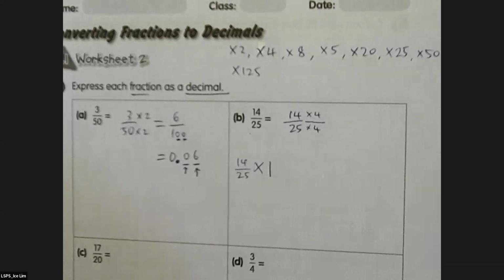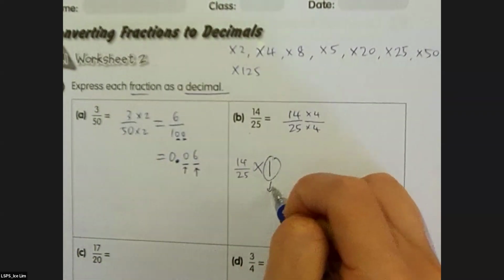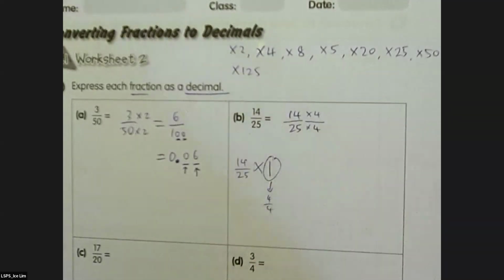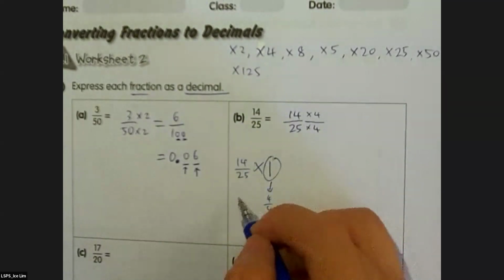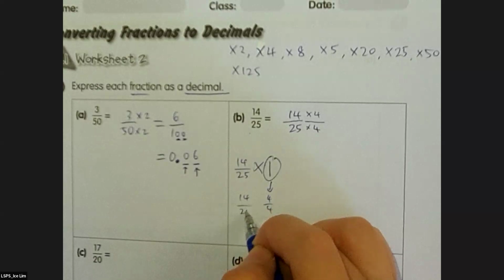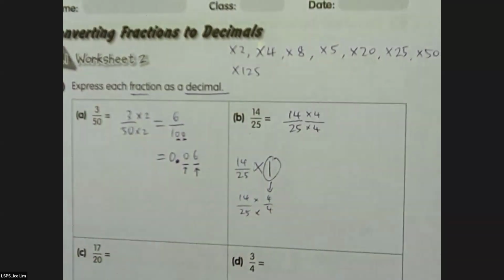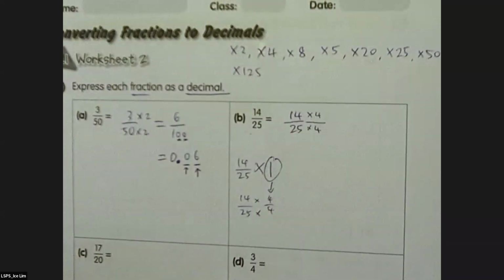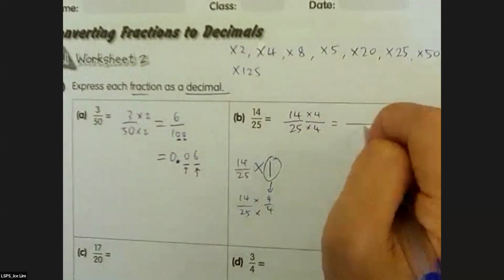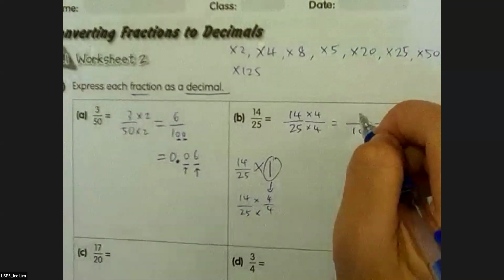You have to remember, anything times 1 will still be itself. That 1 actually can be 4 over 4, 2 over 2, 3 over 3. That's how it goes. Then I convert to 100. 14 times 4 is 64.